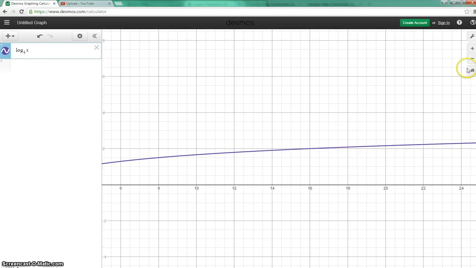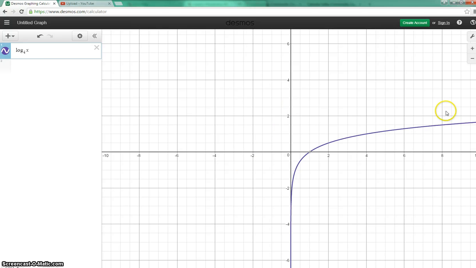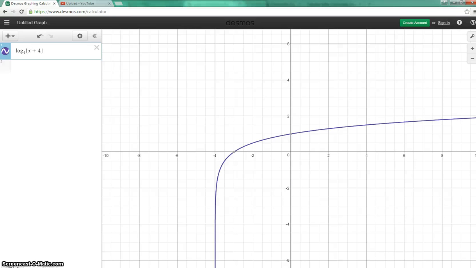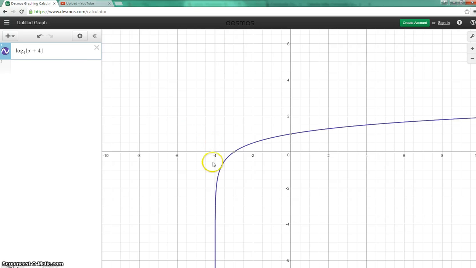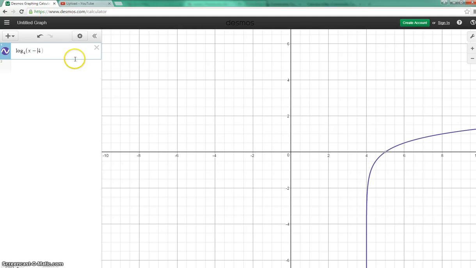So here's the graph that we have of this function. If I add 4 to it, that means I just went to the left 4. I still have that vertical asymptote. On my original function, my vertical asymptote is at x equals 0. But if I shift it 4 to the left, my vertical asymptote is at negative 4. If I subtract 4, again, it's to the right.